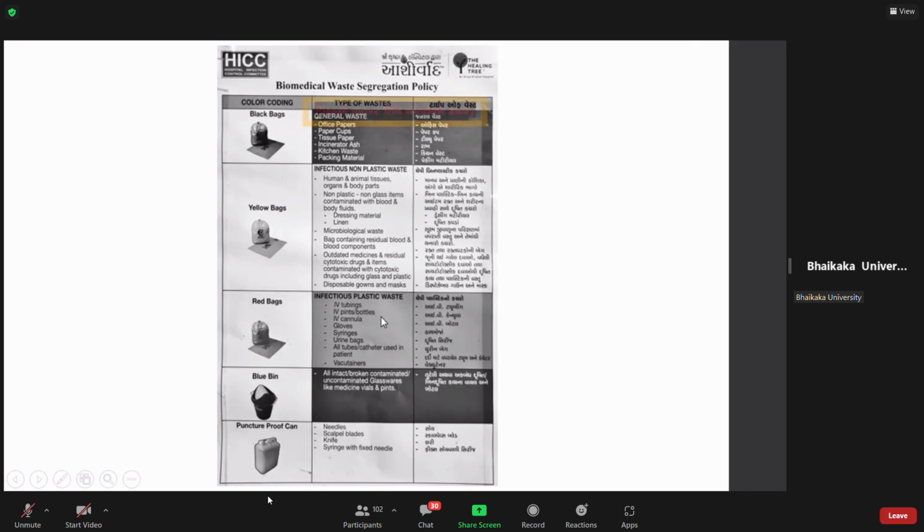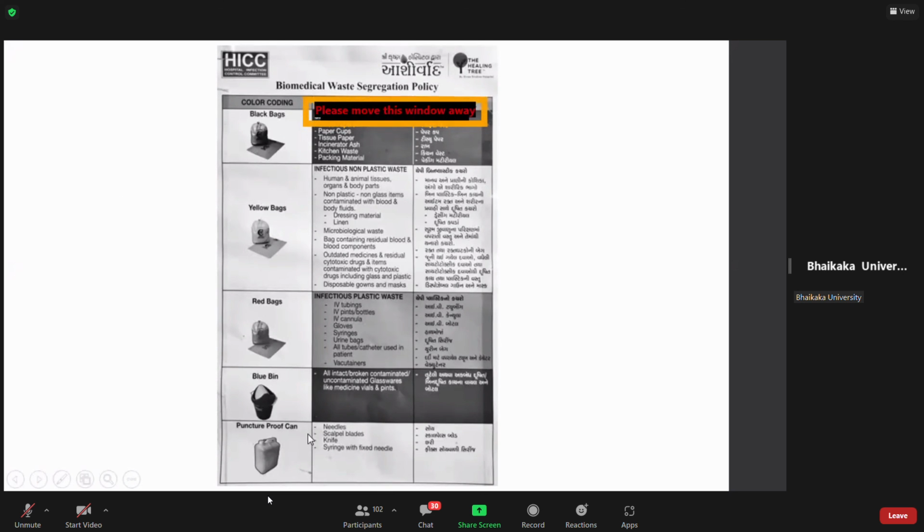Then infectious and plastic waste are disposed in red bags, like intravenous tubing, pint bottles, cannula, syringes, urinary bag. In blue bin, you may dispose glasswares like vials or pints. Broken or contaminated glasswares are disposed in blue bins.